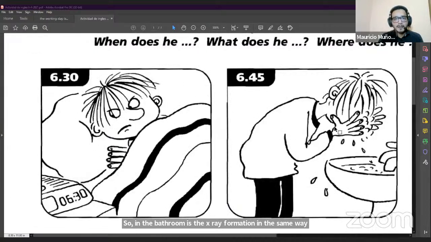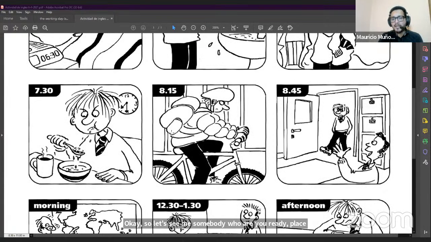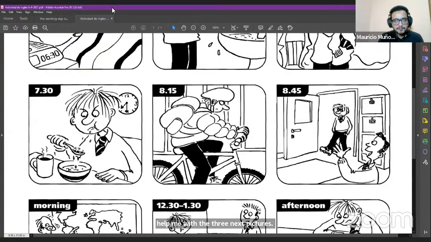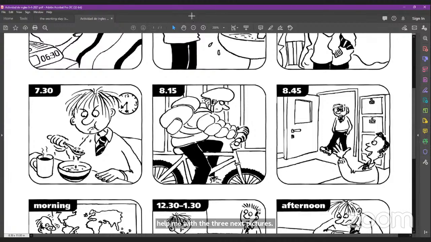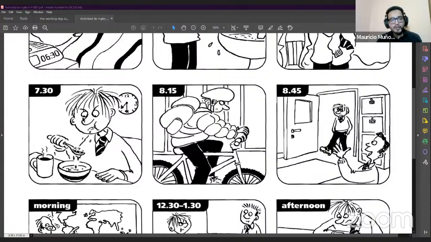Okay, so let's see. Miss Zambrano, are you ready? Please help me with the 3 next pictures. Mike dress at 7 o'clock. Okay, I want you to describe this line, 1, 2, and 3, please.